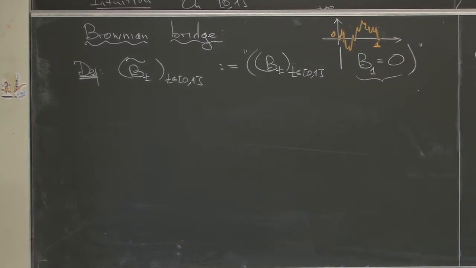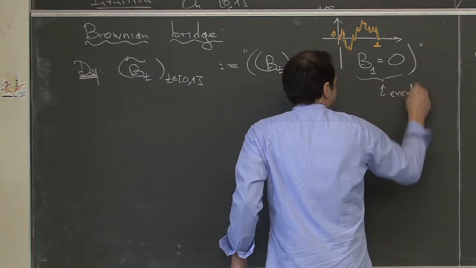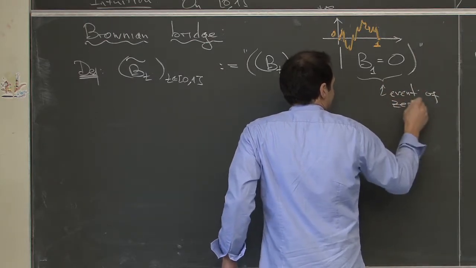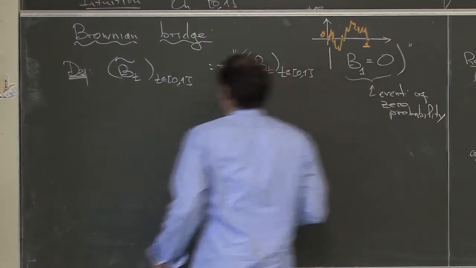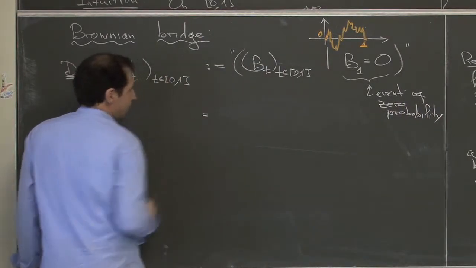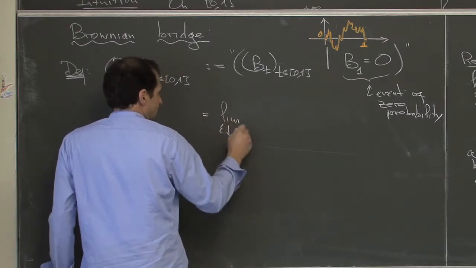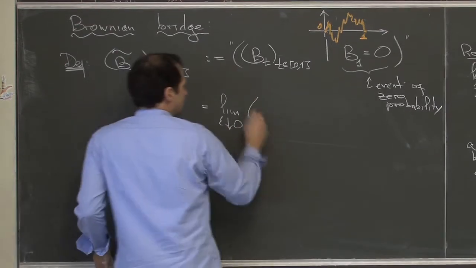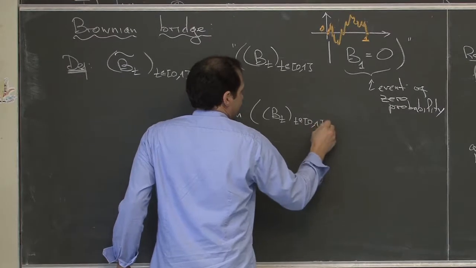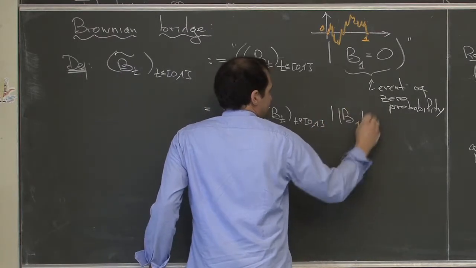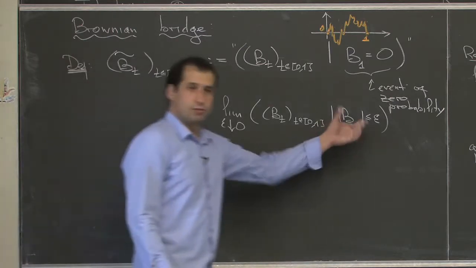And I'm trying to condition on an event of zero probability. So it is better to say that I take a limit when epsilon goes to 0 of these distributions when |B_1| is less than epsilon. Okay, this is a good event.